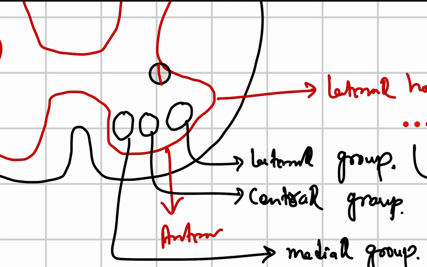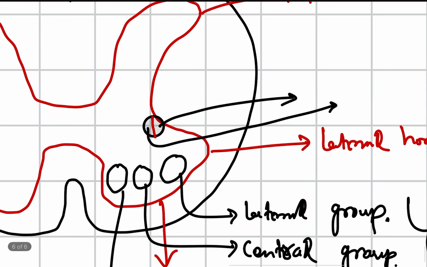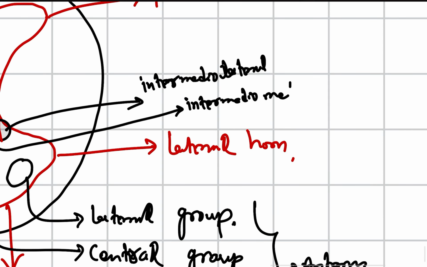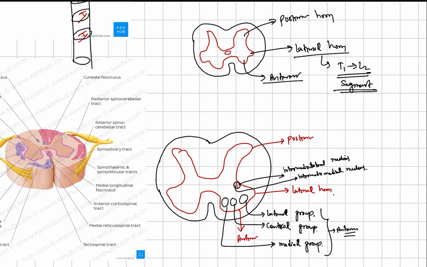One is divided into intermediolateral and intermediomedial group or nucleus. Now we are moving on to the posterior.